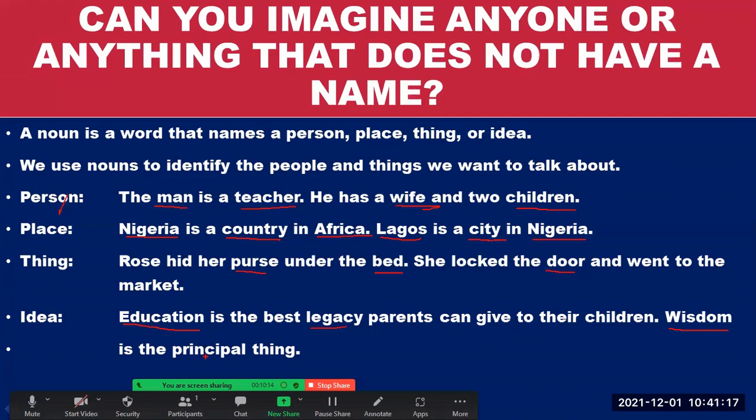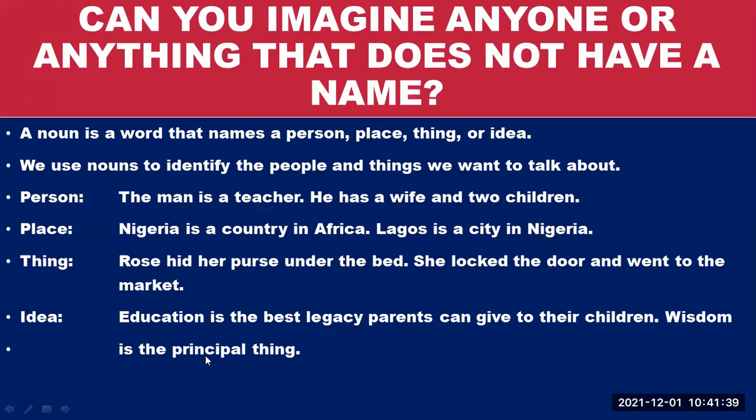So whether we are talking about a person, a place, a thing, or an idea, we use nouns because nouns are naming words. They are words that enable us to name persons, places, things, or ideas. All right? So now let's look at other aspects of this topic.